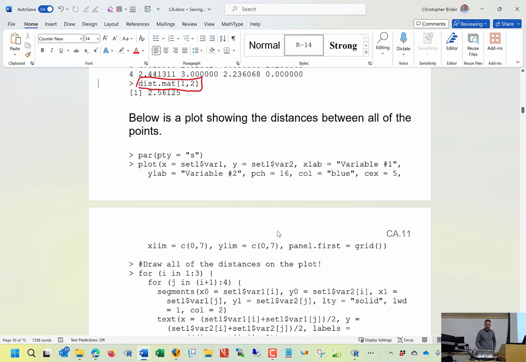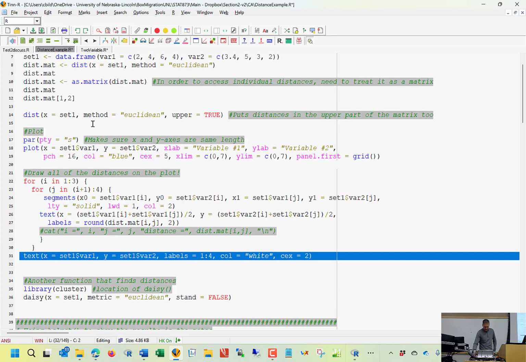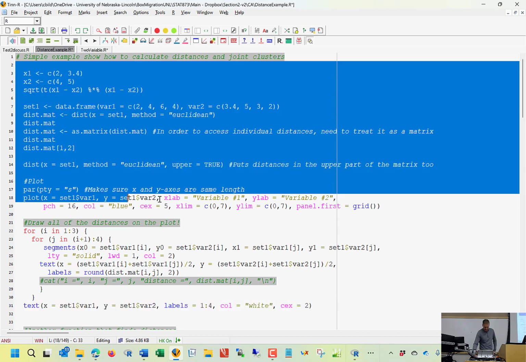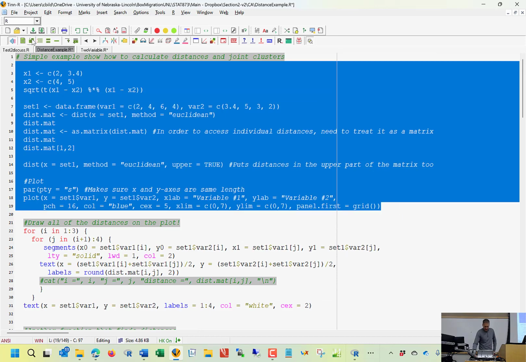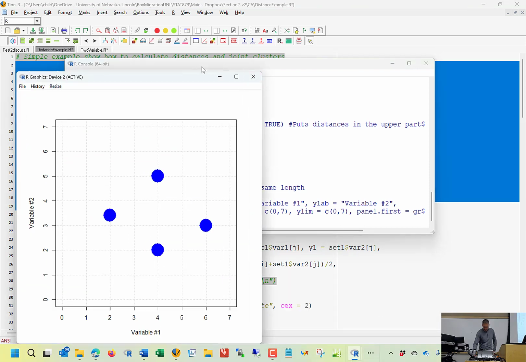Now, how did I do that plot? Depending upon your interest in understanding this code, I will go into more or less detail. I first use the plot function, where on my x-axis I put variable 1 and on the y-axis variable 2. There it is.